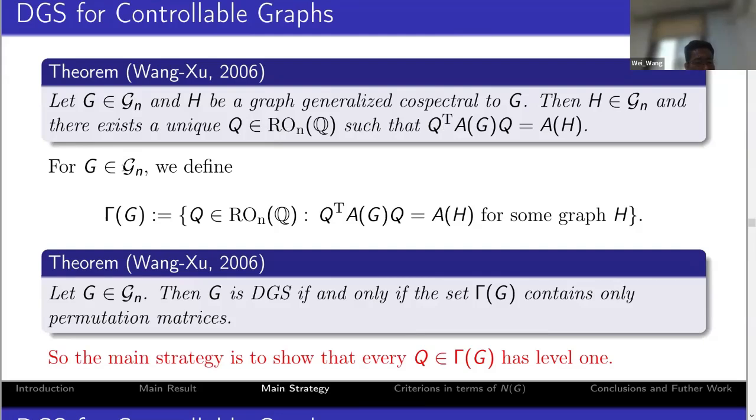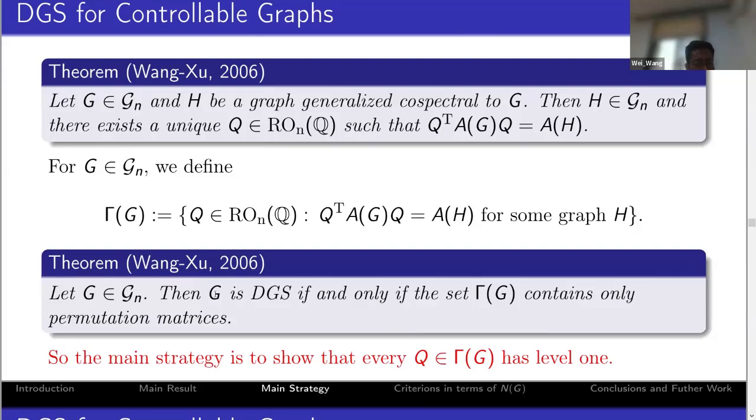Then for every controllable graph G, we define this set. It consists of all regular rational orthogonal matrices Q such that Q transpose times A_G times Q is the adjacency matrix of some other graph. We use this notation to denote all the rational orthogonal matrices satisfying this condition.